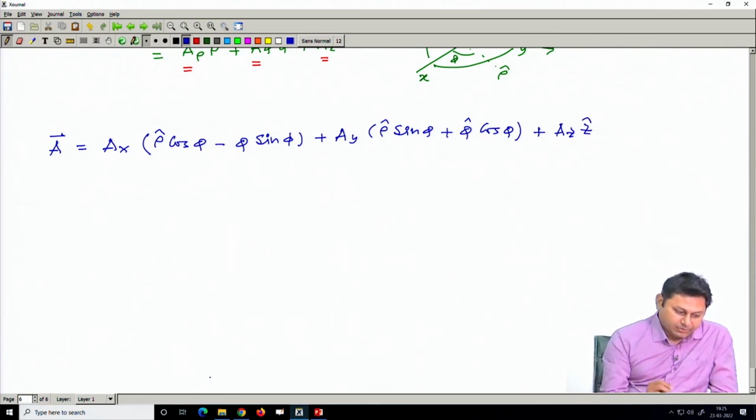Okay. Now I simply take all the rho unit vector components in one bracket, all the phi unit vector components in another bracket, and the z component in a third bracket.